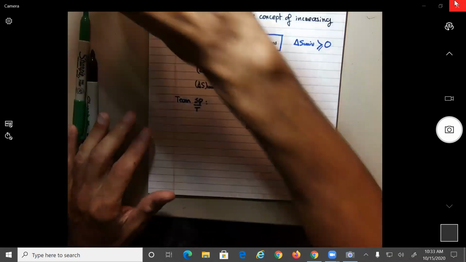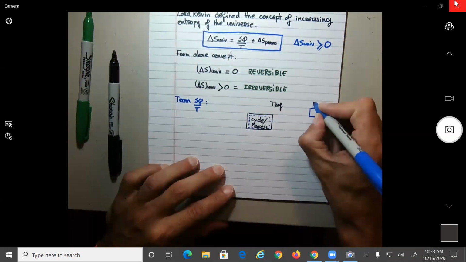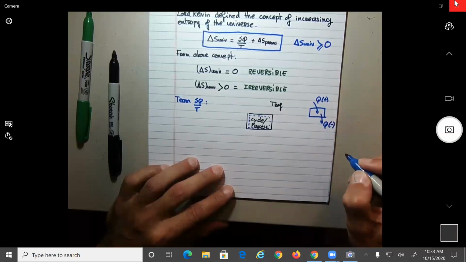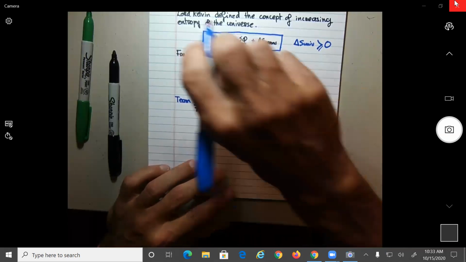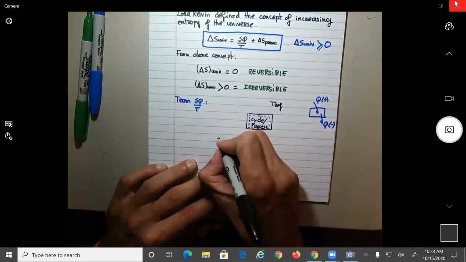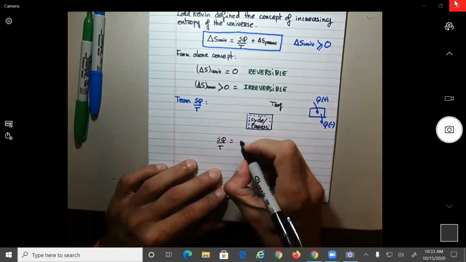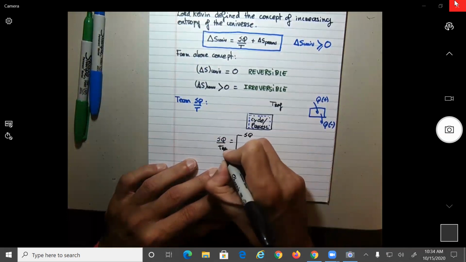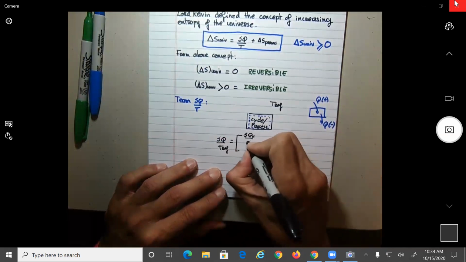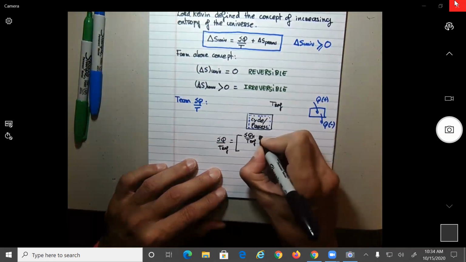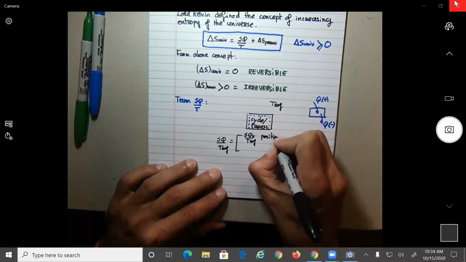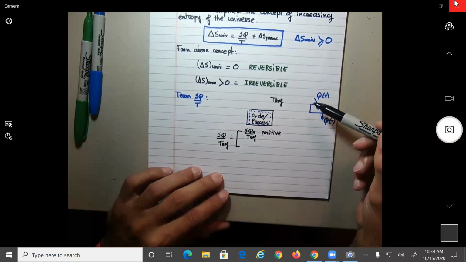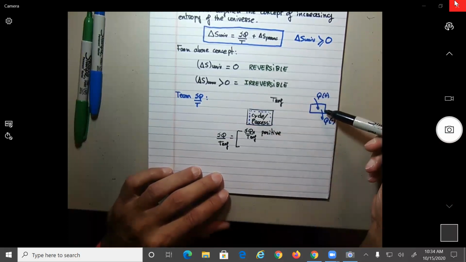Now let's be careful, because what is the sign convention for heat? Heat coming in is positive, heat coming out is negative. So if it is delta Q hot over T reference, this value will be positive. What happens if you have a system and now you put energy into it?